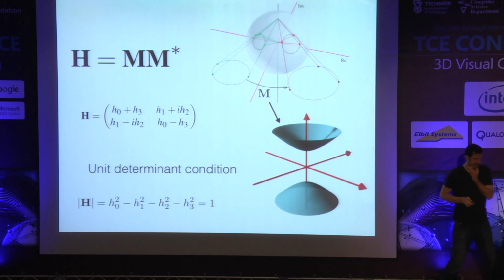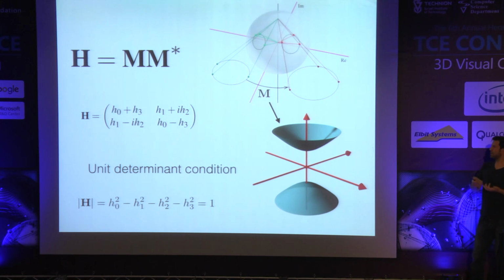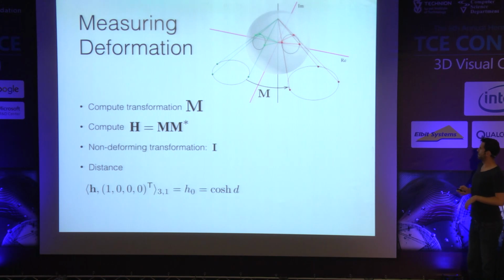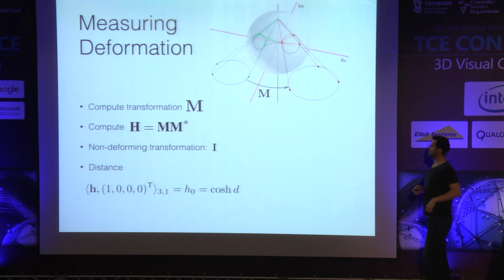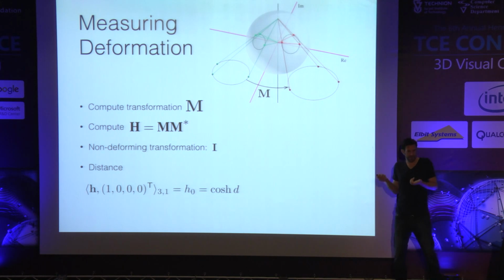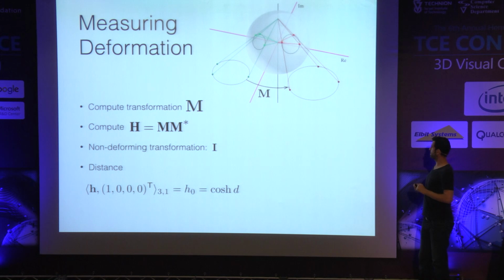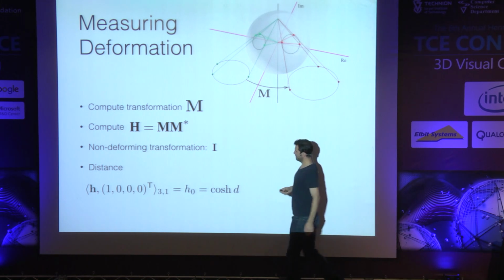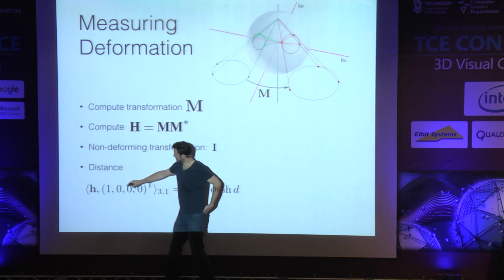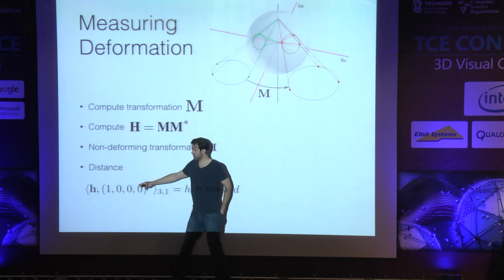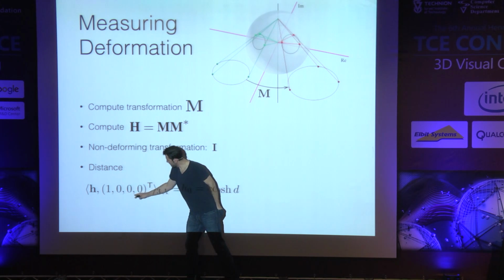Okay, very nice. Now, how can we measure deformation? We need to acknowledge that this is a hyperboloid, right? And then we need to take the right inner product with respect to the hyperboloid, and the hyperboloid is, of course, hyperbolic space, so we take the Minkowski metric, right? So we take inner products of these points H with, say, in this case, the origin.